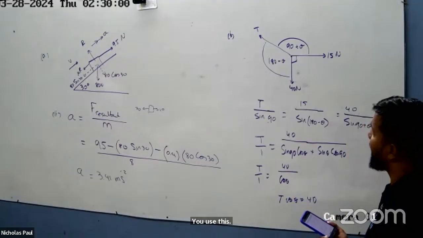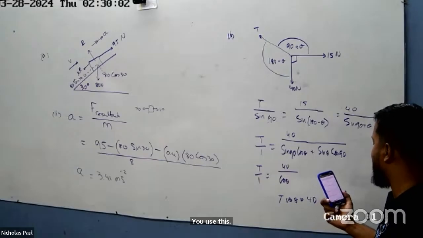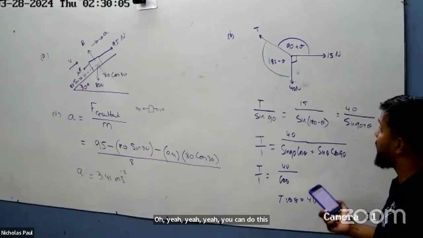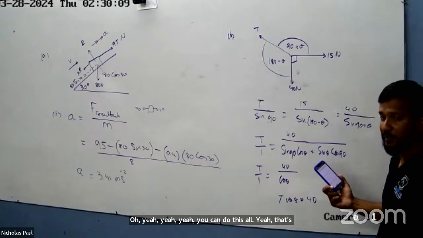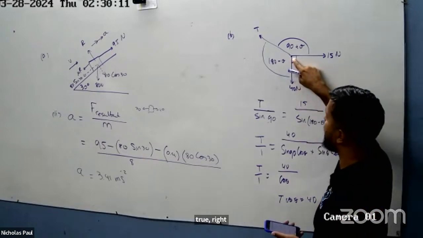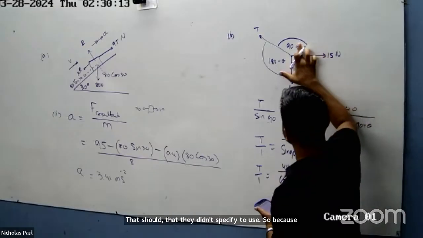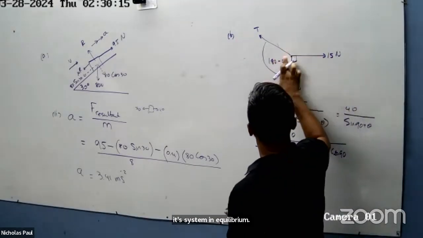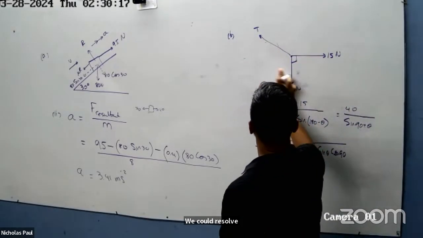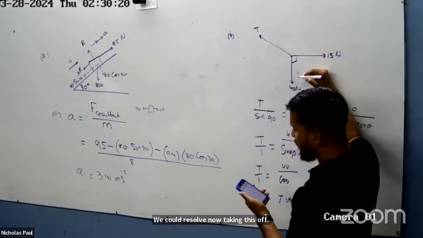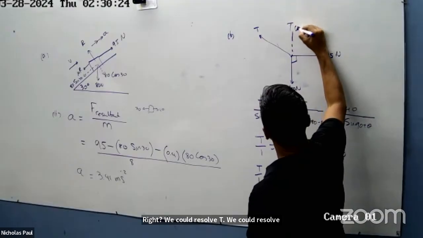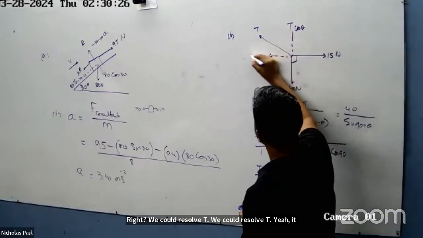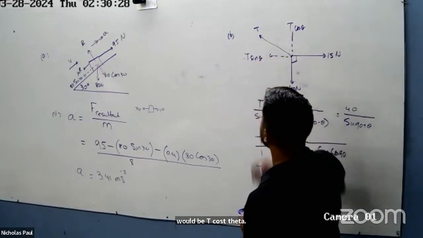Oh yeah, you can use resolving, they didn't specify after that. Yeah, that's true, Jude. They didn't specify to use Lami's to solve it. Because the system is in equilibrium, we could resolve now. We could resolve T, here will be T cos theta, here will be T sine theta.